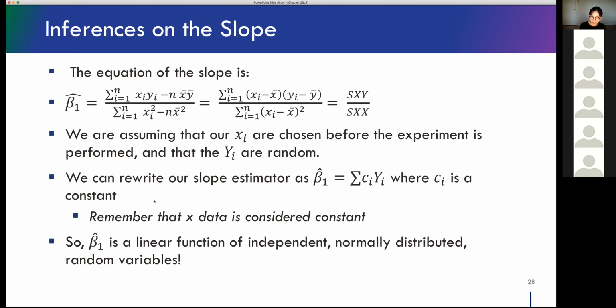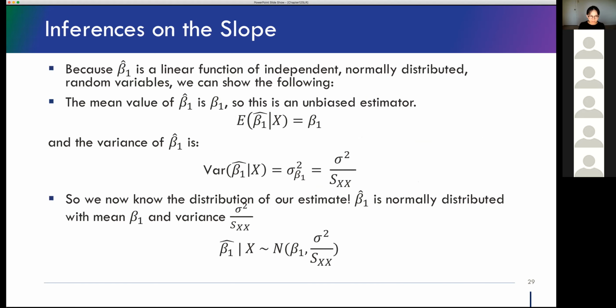Because we know the error term is normally distributed, and y equals beta 0 plus beta 1 times x plus the error. Now we know y is a normally distributed random variable, and beta 1 hat is a linear function of y. So beta 1 hat is also normally distributed.